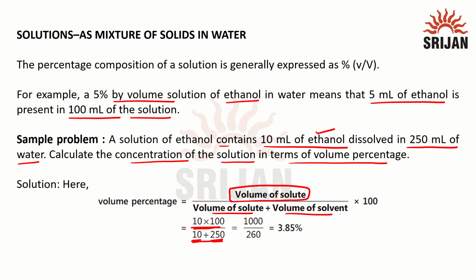So we will add in the denominator 10 plus 250, which is 260. In the numerator, we have volume of solute, which is 10 multiplied by 100, so 1000. Which gives us 3.85%. So this is the volume concentration of the given solution, or volume percentage.